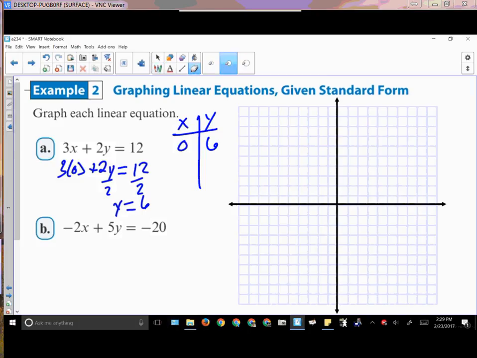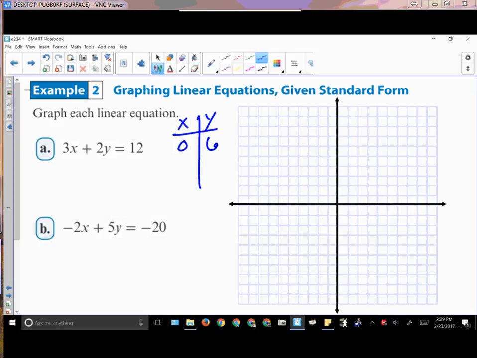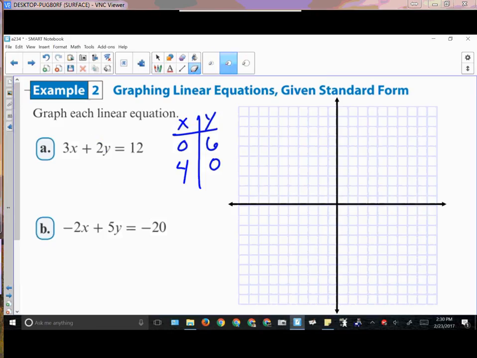Now likewise, if I put in y is 0, what would x have to be? 4. Because this disappears, and 3x is equal to 12, so x would have to be 4. So now we've got our points for creating the line.